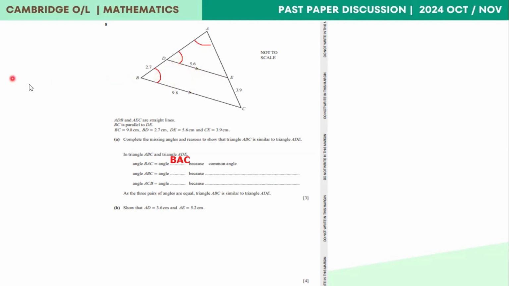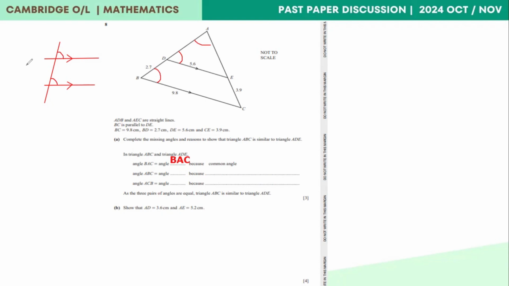Corresponding angles means, if we have two parallel lines like this, the F-shape angles are always equal. That is called corresponding angles.